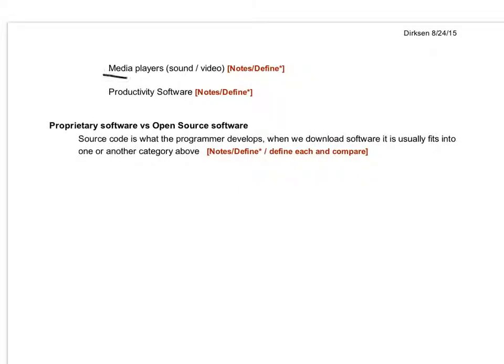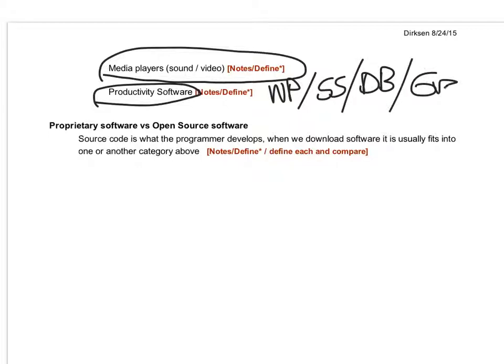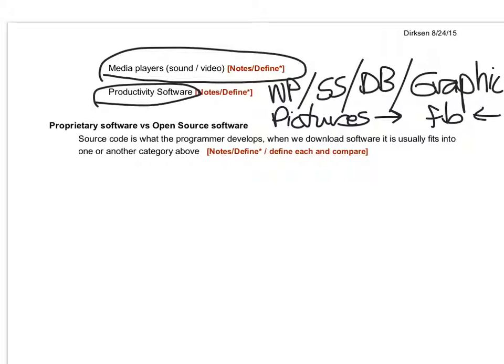Software to play your music, media software, productivity software, which I talked about, like word processing, spreadsheets, database, all kinds of graphic software. You can do graphic things. There's software that allows you to capture pictures and then send those pictures, update your Facebook with your pictures, and so forth.